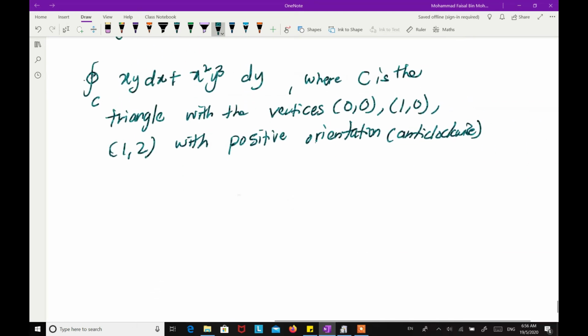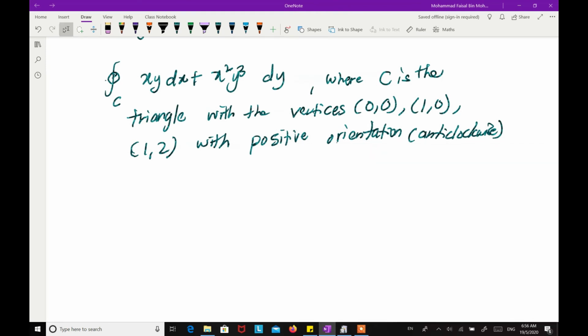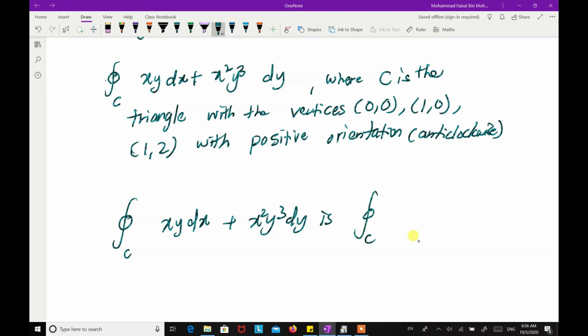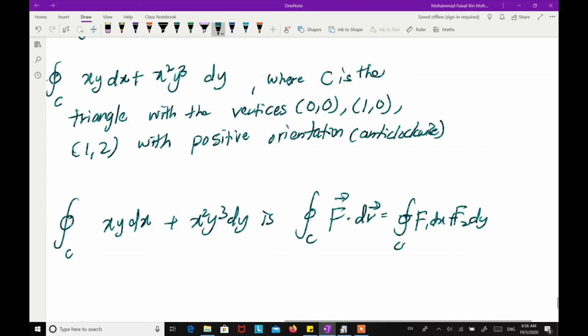Okay, so note that the integral over C of xy dx plus x cubed y cubed dy is the integral over C of F dot dr, which is the integral over C of f1 dx plus f2 dy.